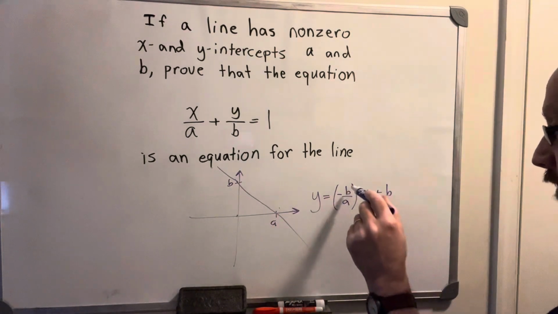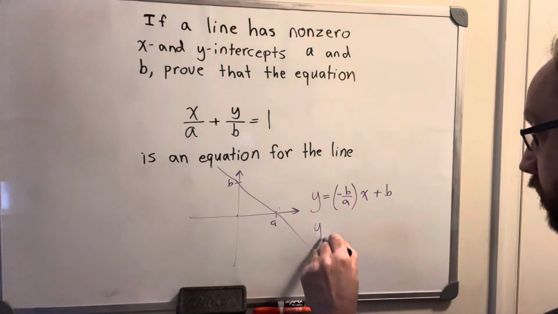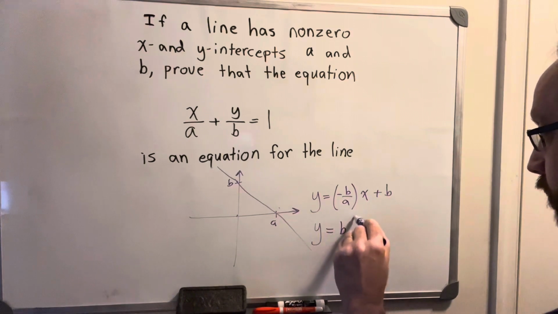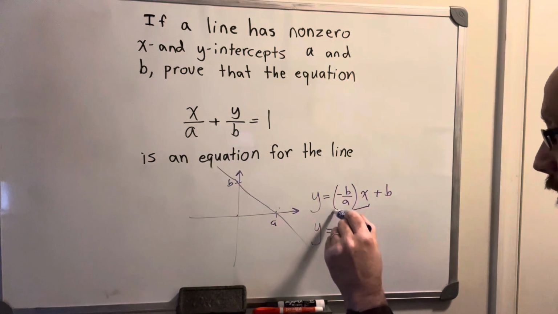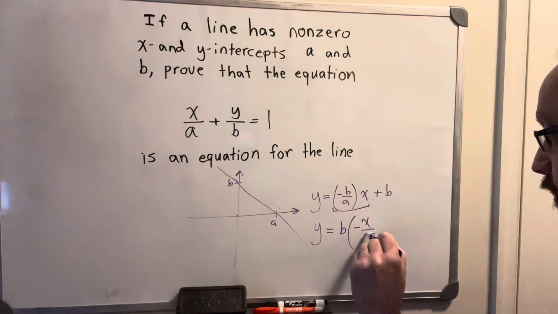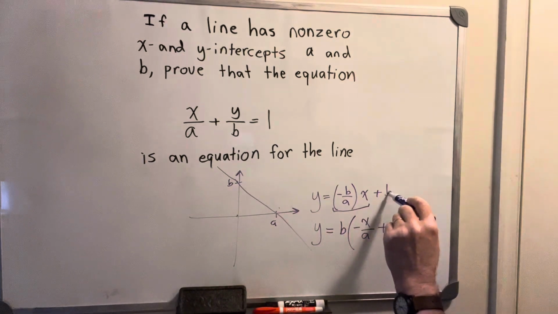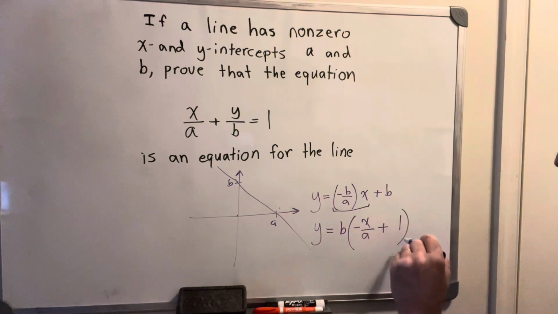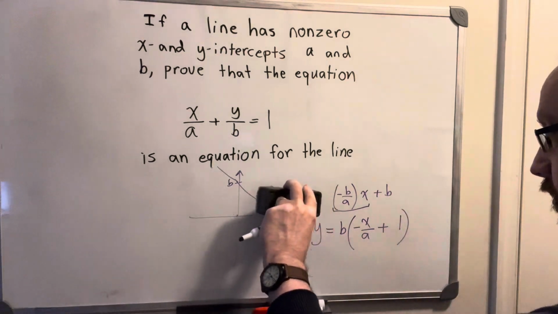See, they both have a b. So let's use the distributive property and bring the b to the outside. And what's left when we factor the b out of this, we still have minus x over a plus, if we factor a b out of b, what's left is 1, right? I'm going to erase this now.